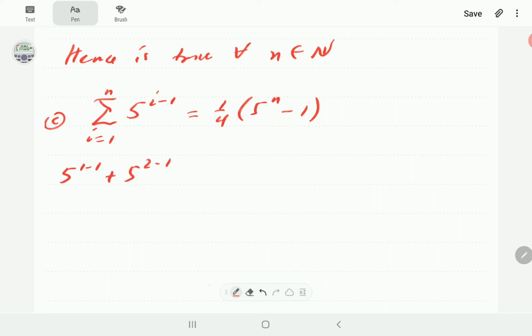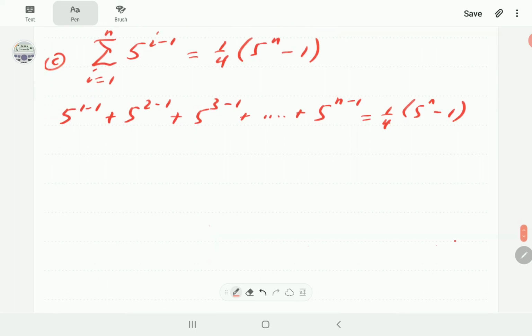When n equals 2, it's going to be 5 to the power 2 minus 1. When n equals 3, it's going to be 5 to the power 3 minus 1. So when i is equal to n, it's going to be n minus 1. Now, the first one is going to be 5 to the power 0, which is 1. The second one is going to be 5. This one is going to be 5 squared.